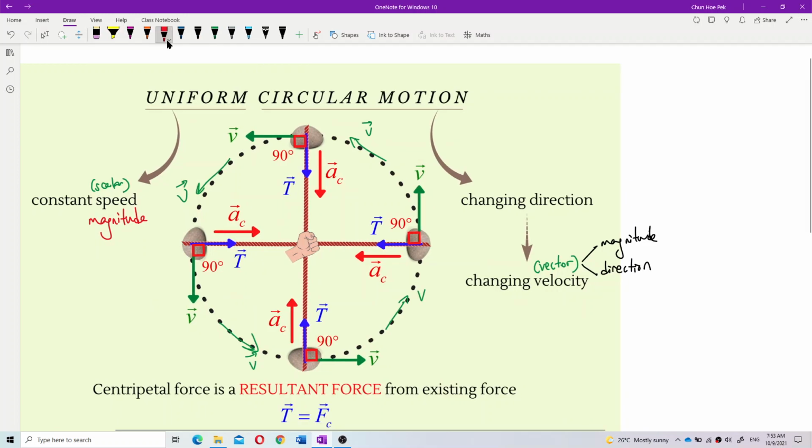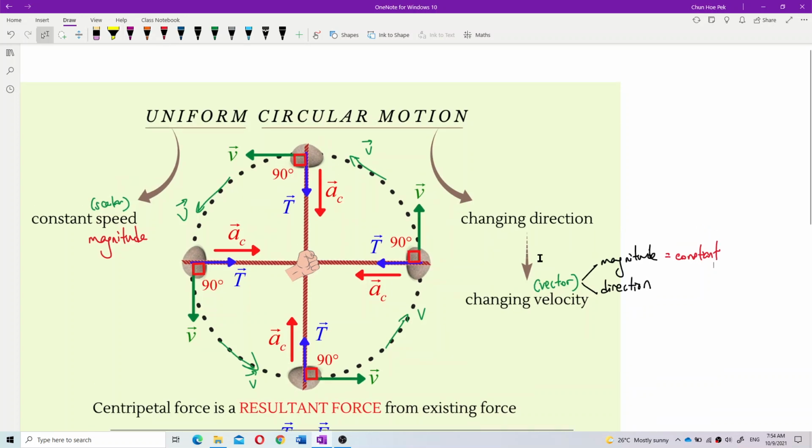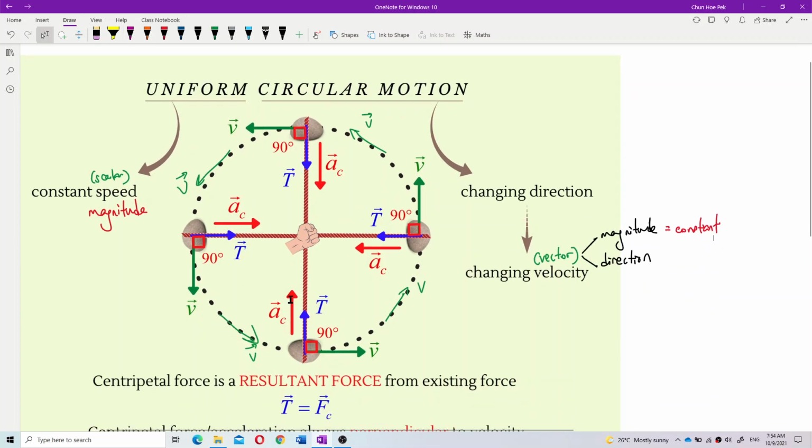In terms of magnitude, uniform circular motion is always constant. But when talking about direction, the direction is continuously changing. There is one component in the velocity vector that is changing in circular motion, which is the direction, although the magnitude is constant.